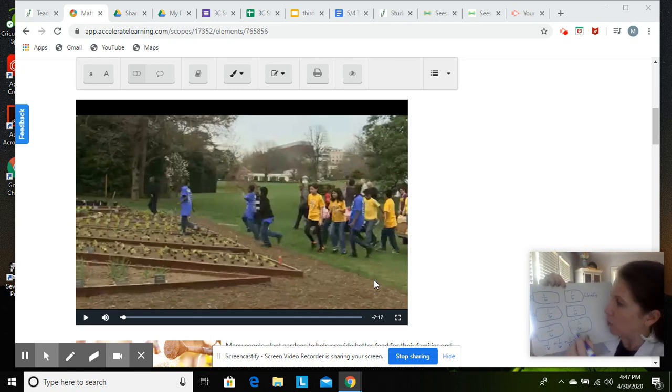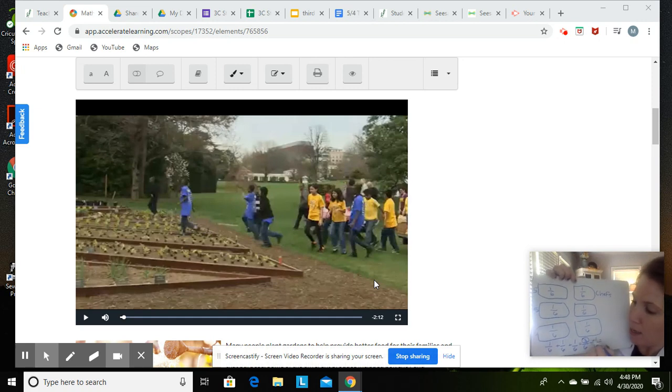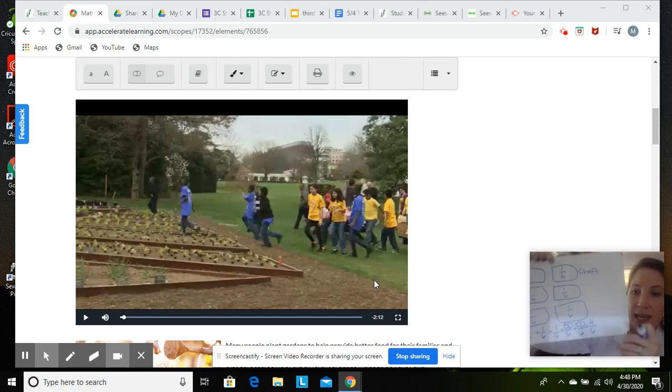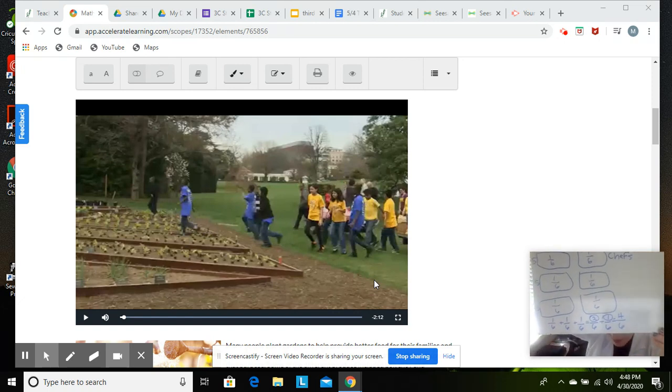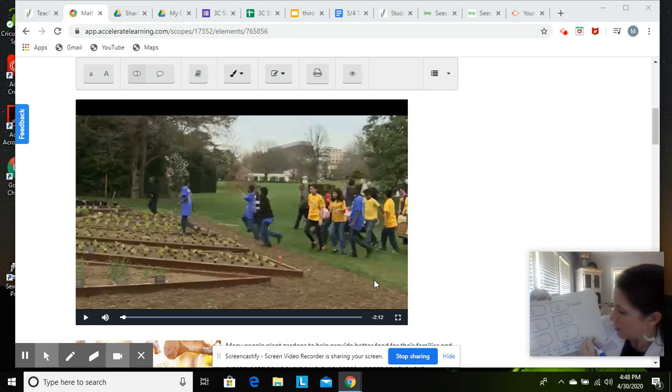Now I'm going to take a look at what the chefs planted. They planted 1/6, so I'm going to add 1/6 to that. And I see here 3 plus 1 is 4, so 4/6. And then we have how many left? We have actually 2/6.